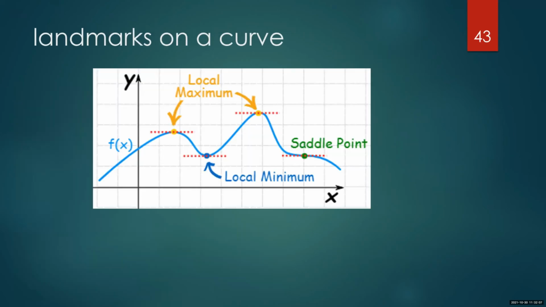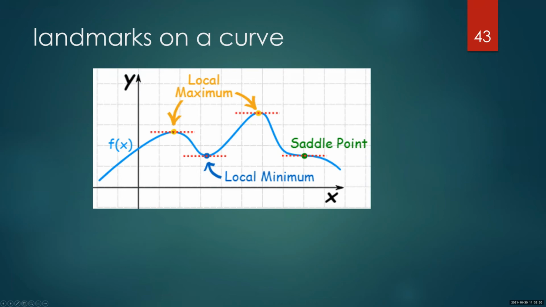Here's another sketch, which shows this curve has 2 local maximum points. It's got a local minimum point, and it's got a saddle point. At the saddle point, you can see f dash of x is equal to 0. Not quite so easy to pick up, but f double dash of x is equal to 0 as well.